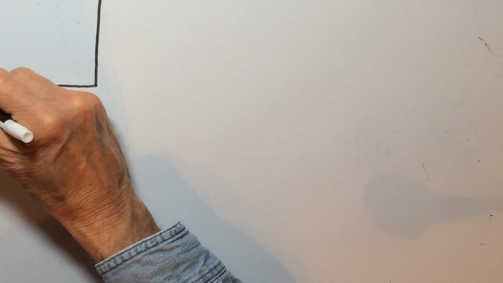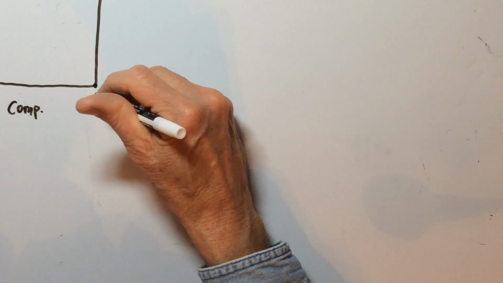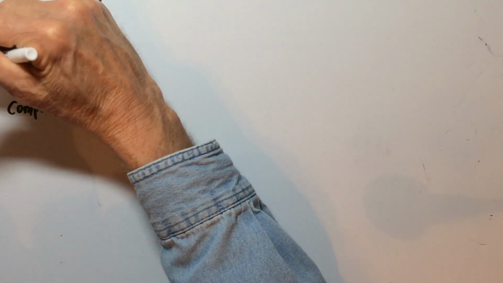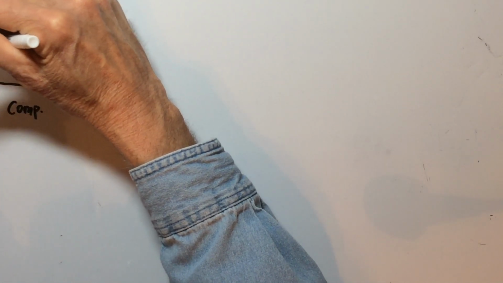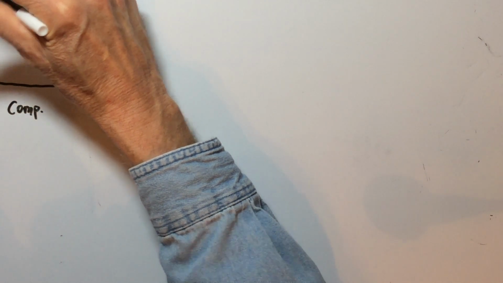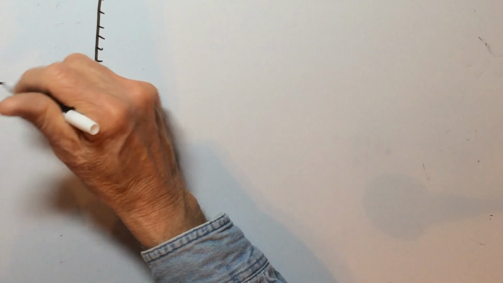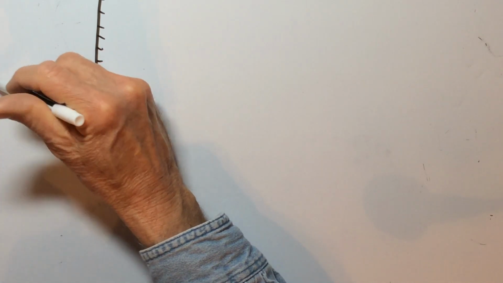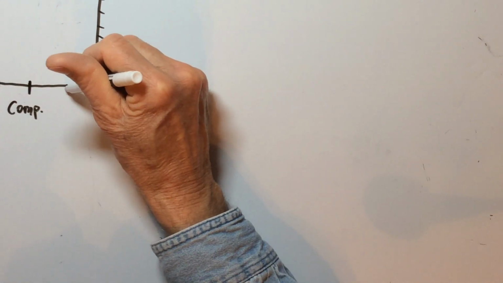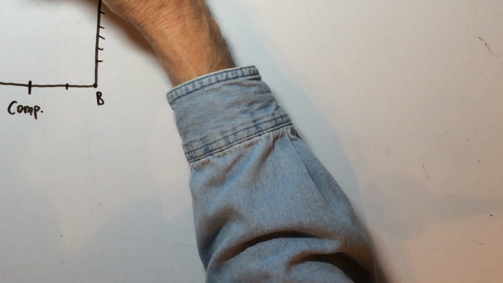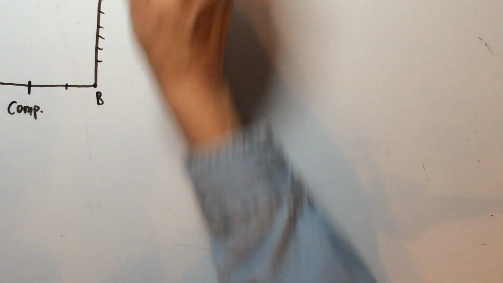We're going to have element A here, element B here, and then we're going to have various temperatures up here, and then various compositions. Okay, and of course this is not going to be to scale, NTS.